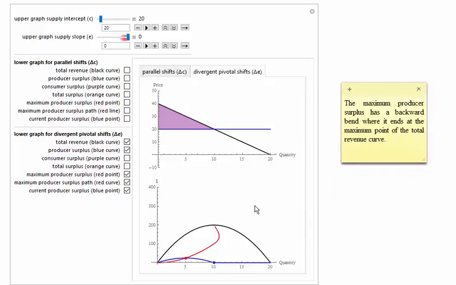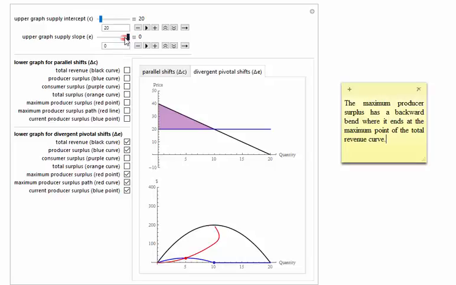That is the maximum, this is the points of all the maximum points on our producer surplus. And it looks like that's our unit elastic point on our demand curve. And it looks like producer surplus can actually be increasing even when total revenue is declining a little bit over here during part of the backward bend. Let's show that.